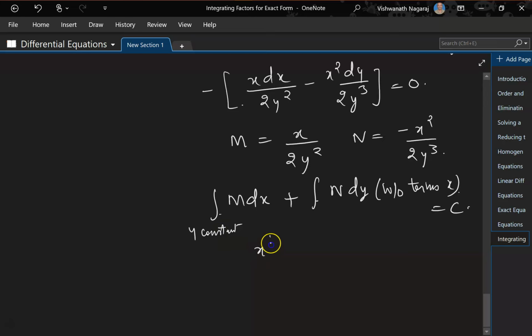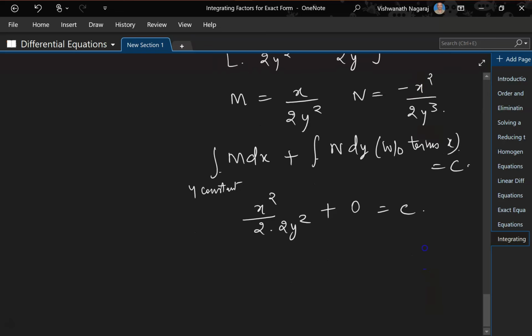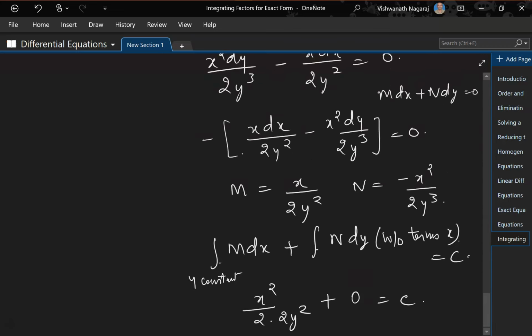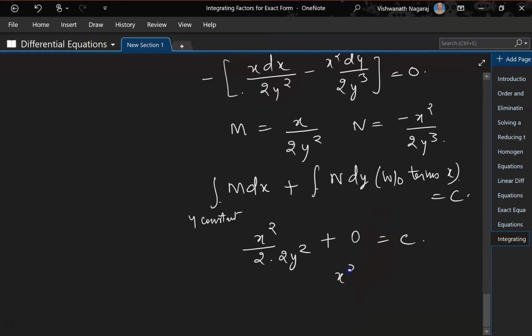So this would be x square by 2 times 2y square plus, here there is nothing, so 0, is equal to c, because N contains x, so that's why we don't have any terms without x. Which means the solution for this part of the equation is x square by 4y square.